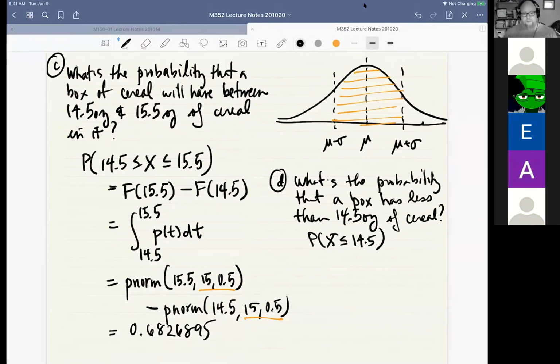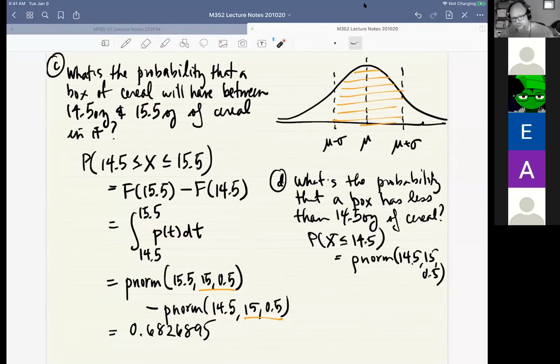That's what we want to calculate, the probability that a box has less than 14.5 ounces of cereal, right? And you could throw that into R and say, well, what's this value? And we already kind of calculated that right here. R doesn't have a problem with that.